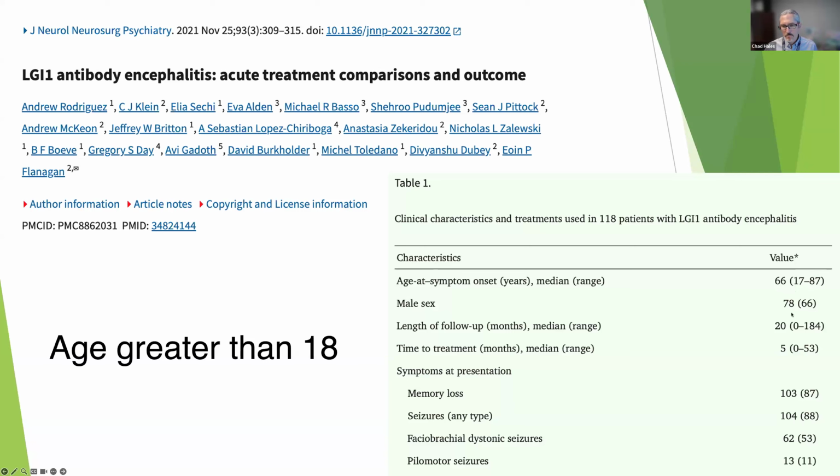And of course, one of the important pieces here is there are often other associated factors, but sometimes the other associated factors are not present until several months into the syndrome. And one of those factors is seizures. One of the more common types of seizures is something called faciobrachial dystonic seizures.